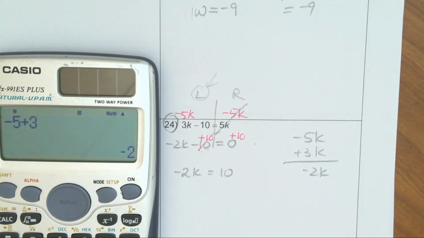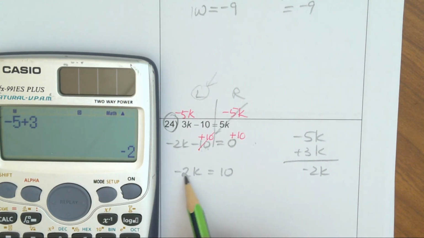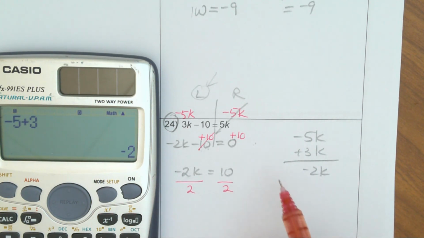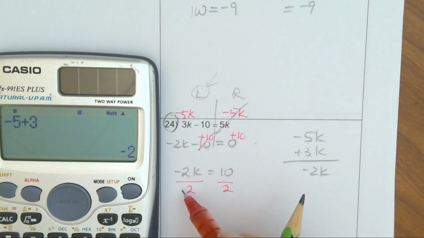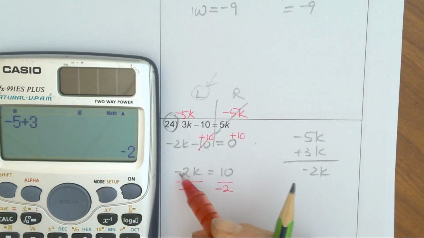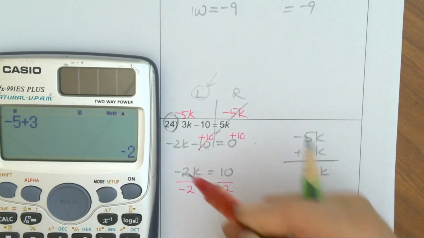Okay. So now, who's my best friend? 2 or the 10? Yeah, the 2, because he's touching the k, he's next to the k. So I have to get rid of the 2. Oops. Be careful. This is negative 2. So I have to do exactly the same. Make it same. So don't forget, if it's a negative 2, you have to use a negative 2 to make it the same.